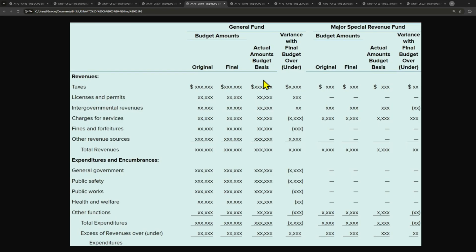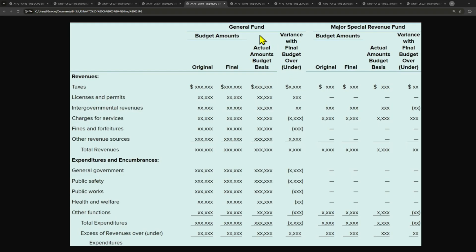And this could be included with those, or it could be its own separate statement, or it could be some sort of disclosure in the notes. Depending upon how big and complex or how important it is to the local citizenry, it may be any of those three, but it'll look something like this.